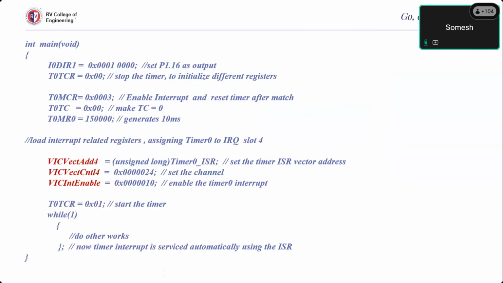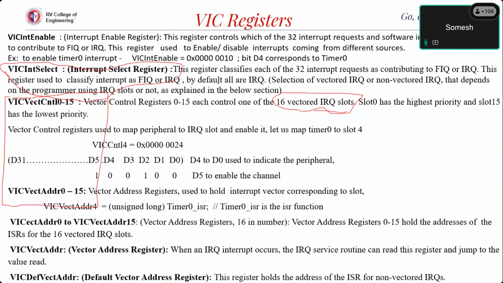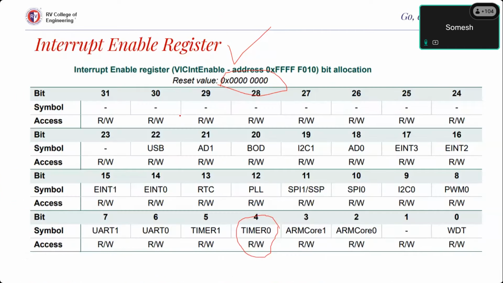If you look at the register table here, you can see that timer 0 source number is 4. That means every device which generates an interrupt has been given a number.